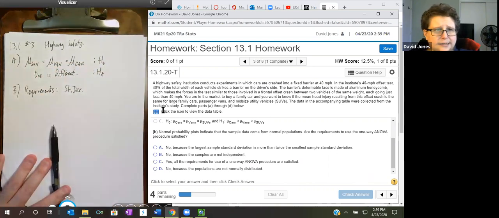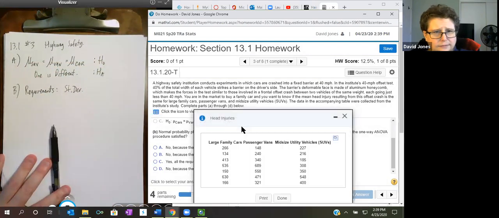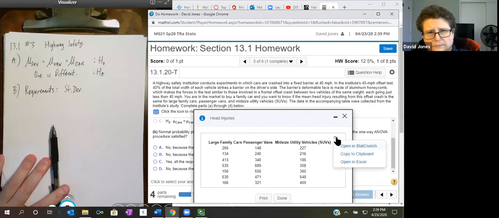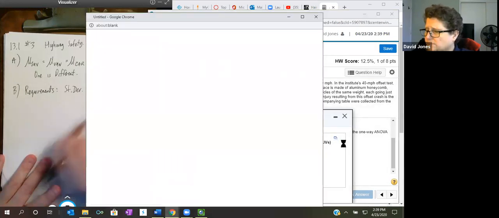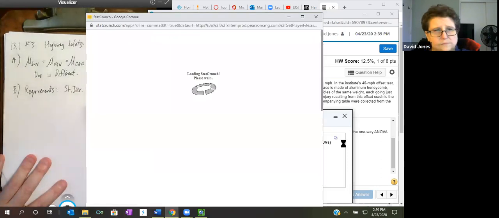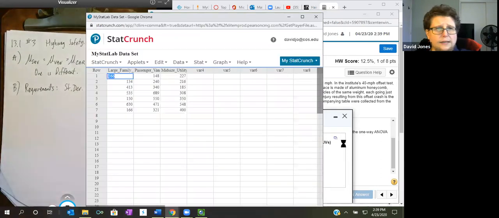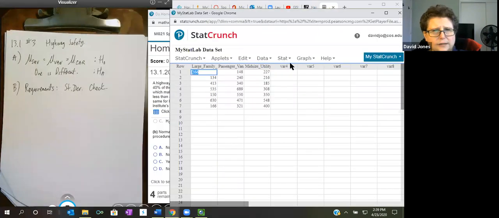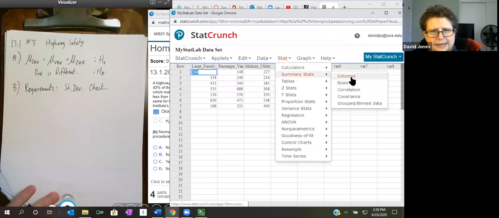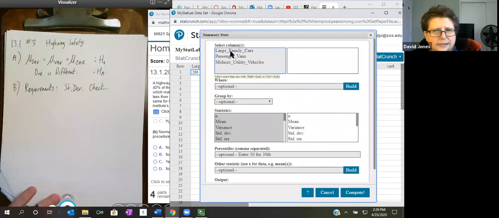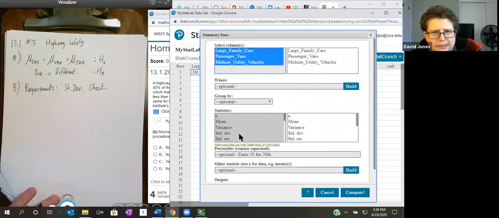Let's load the data in StatCrunch. So we'll do stats, summary stats, columns, and we'll look at the standard deviation.